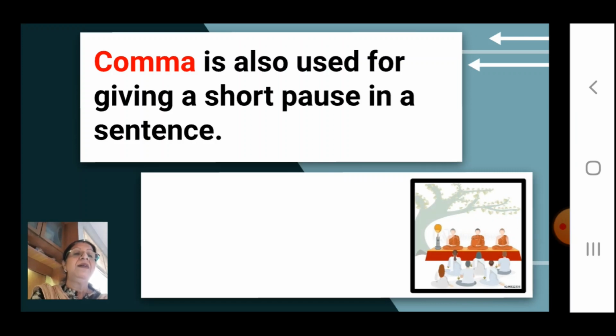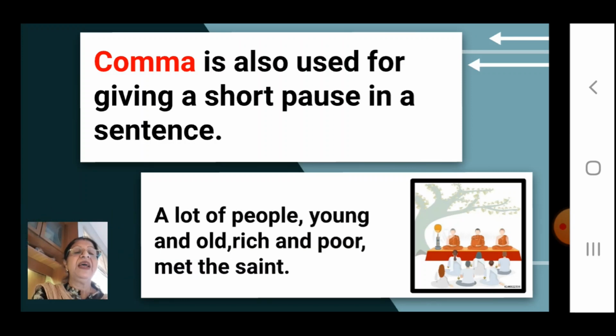Again, I will show you one more example. You can see a picture and the related sentence. A lot of people, now there's a pause, so we have put a comma. A lot of people, young and old, rich and poor, met the saint.